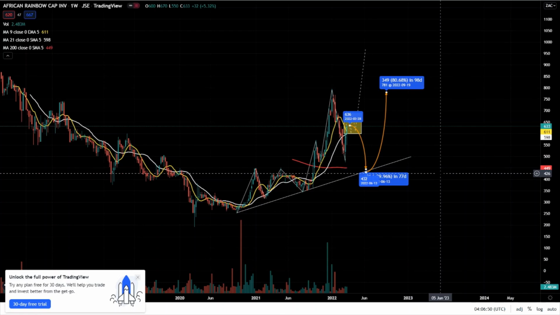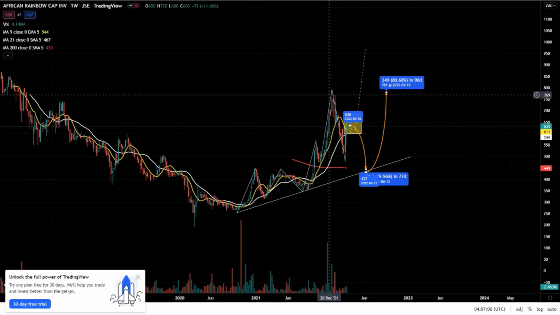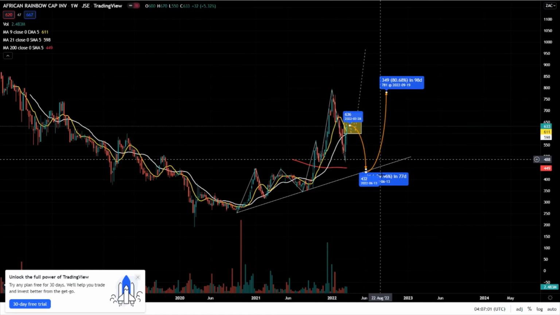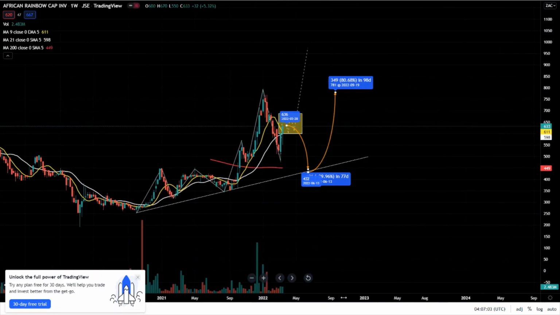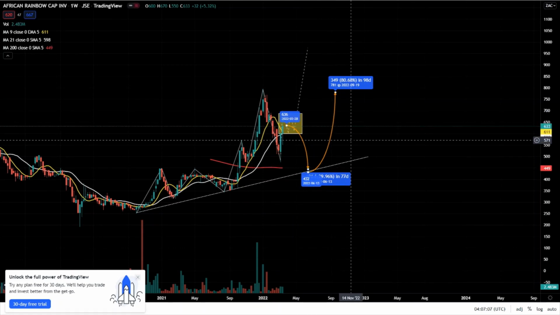So it's difficult, because if you're a long-term investor, this is cheap. If you're looking at short-term things, it's kind of overvalued. So you might see price sit around this level for a while while investors decide whether to buy this or not.